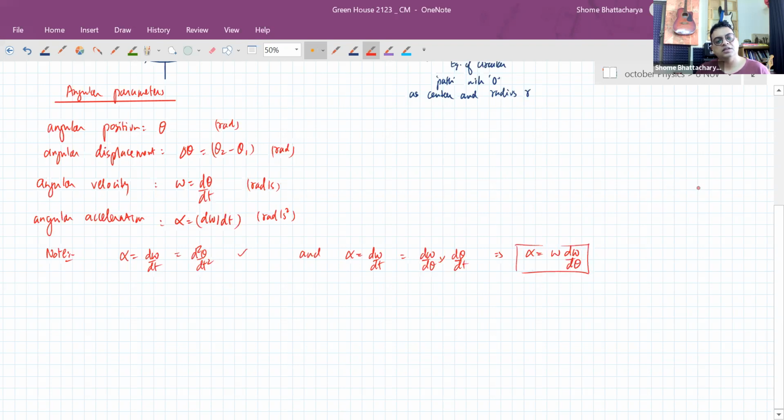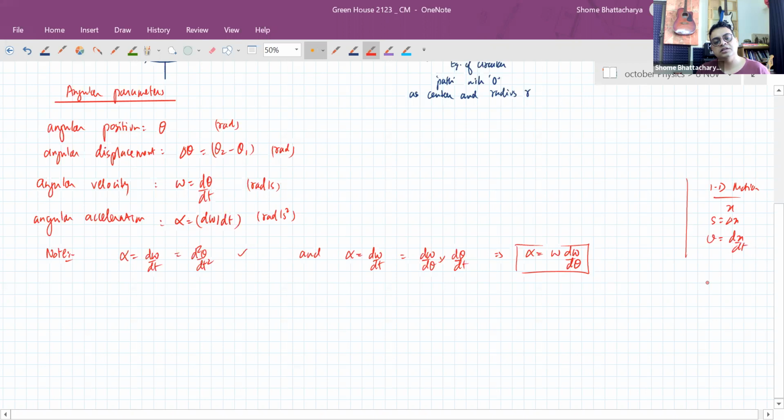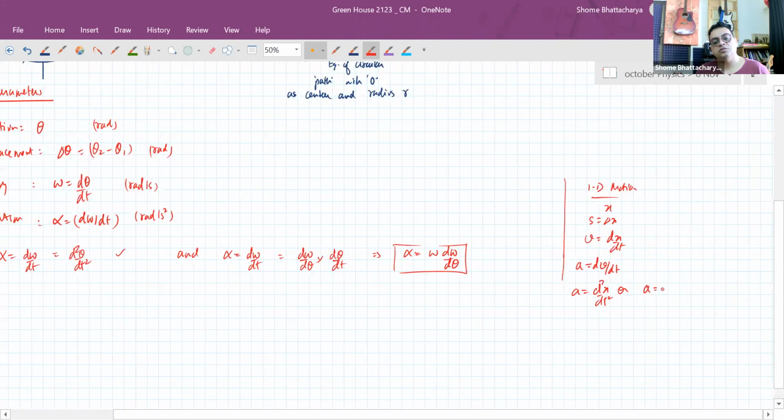Okay. So just as in 1D motion, we had position, we had displacement equal to change in position. We had instantaneous velocity as the instantaneous rate of change of position or displacement with time. And we had acceleration as dv by dt. So acceleration could also be defined as the second derivative of position, or by using the chain rule, also be defined this way.